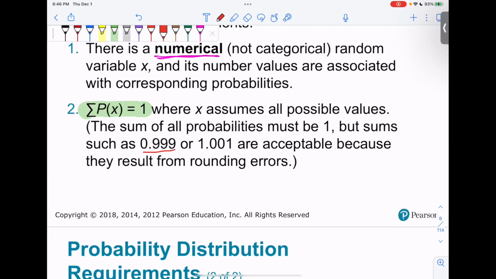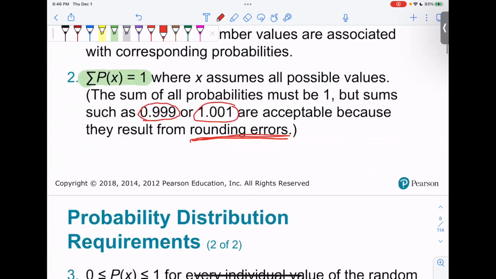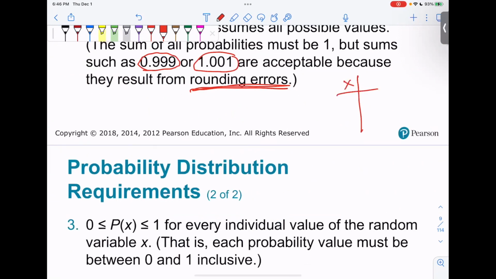It could be 0.999 or 1.001 if we round. Imagine that when I got this X probability of X, the actual probability was 0.01347.